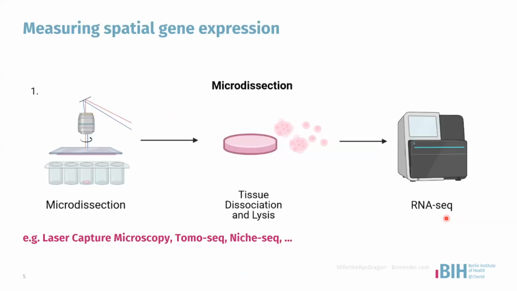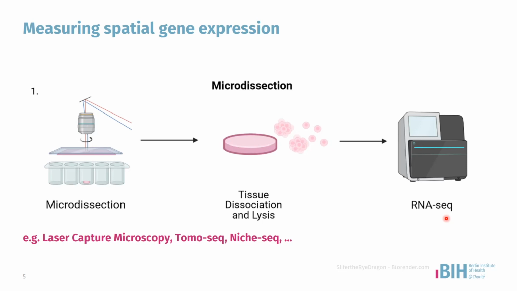One of the earliest methodologies for resolving spatial gene expression are microdissection-based technologies. So these identify and isolate regions of interest within a tissue. So this can be small tissue regions, or the most advanced technologies can even isolate individual cells. And then the isolated tissues or cells can be dissociated and then put forward for sequencing, either by bulk or single cell RNA sequencing.